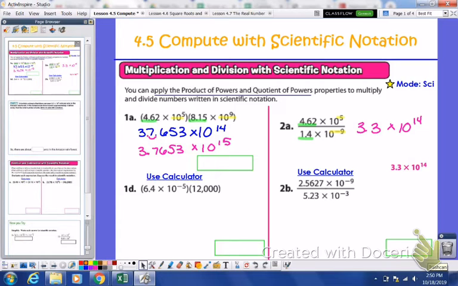Okay, so you can do it by hand like that, or you could use your calculator. So using the calculator, we have 6.4 times 10 to the negative 5 times 12,000. So if we pop on over to our calculator, follow along in your notes with what's written here as I type it in this calculator.